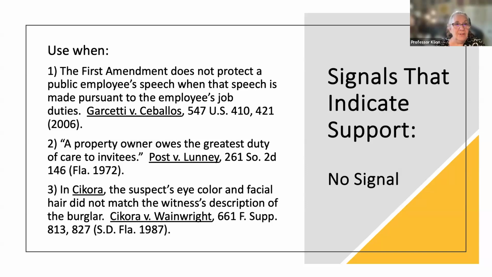So here we have, in Chikora, the suspect's eye color and facial hair did not match the witness's description of the burglar. Since they used Chikora in the sentence, they did not need a signal when they talked about the case. Please note, as an aside, it is very odd for a reader if you start talking about a case before you've introduced the case. So hopefully there was a preceding sentence in number 3 that talked about Chikora first.